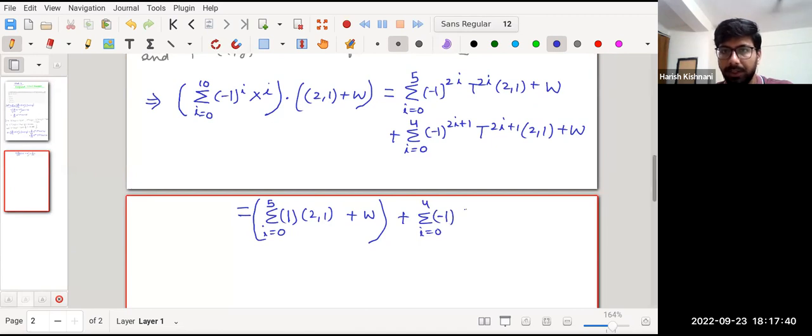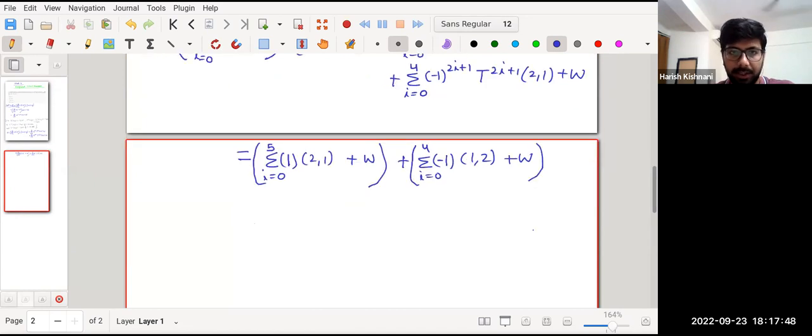So it will interchange it, that is (1, 2), plus w. Okay, we are adding the same thing here 6 times, i equal to 0 to 5. How many indices you have? 6. You are adding the same thing.